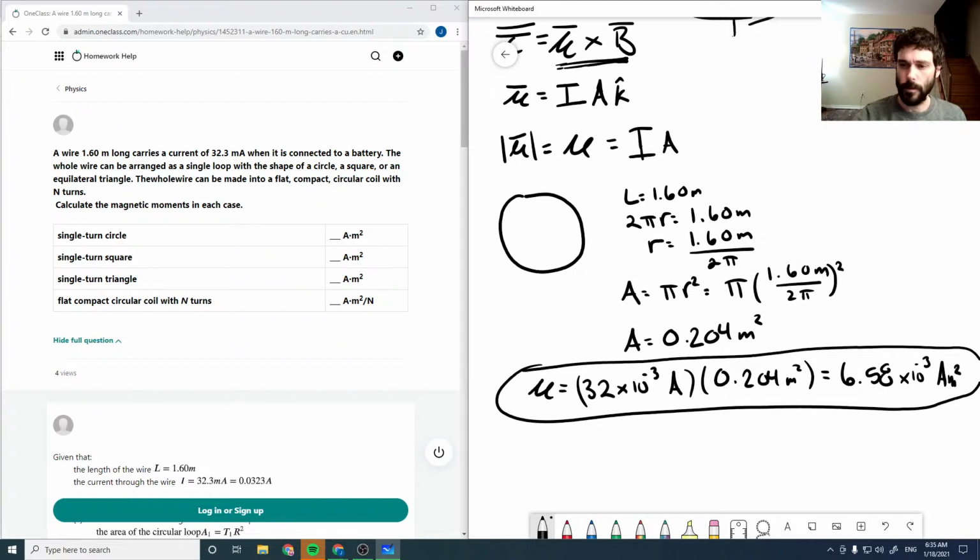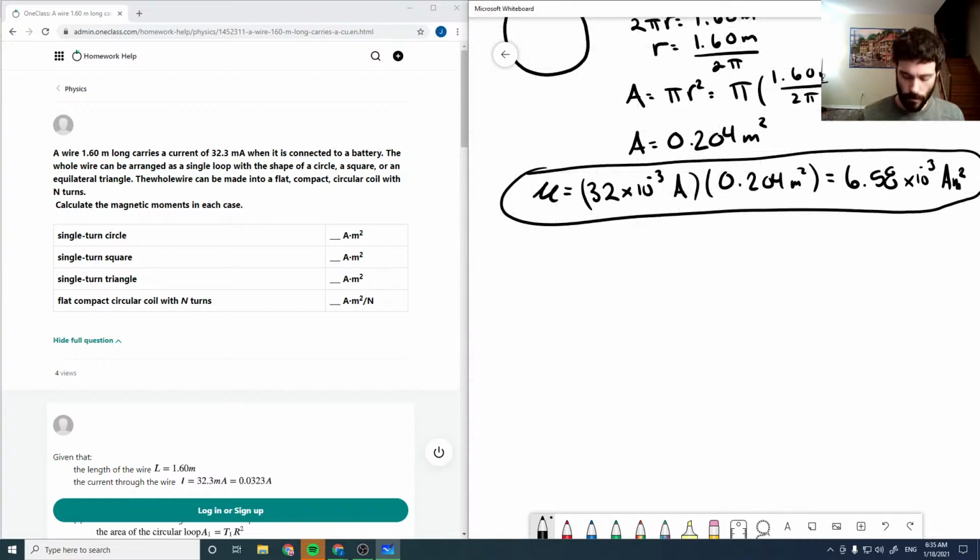And then for our square, each side will be length L. So our perimeter is going to be 4L, which is equal to our total length, 1.60 meters.